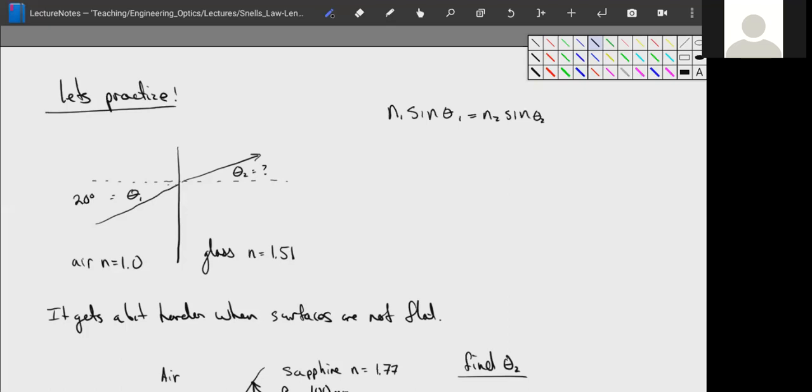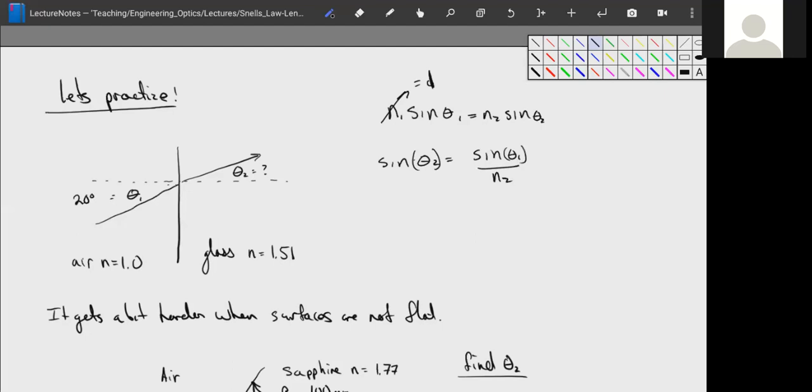And if we rearrange this, we know that n1 is equal to 1, sorry. And we're solving for theta 2, so sine theta 2 is equal to n1 sine theta 1 divided by n2.